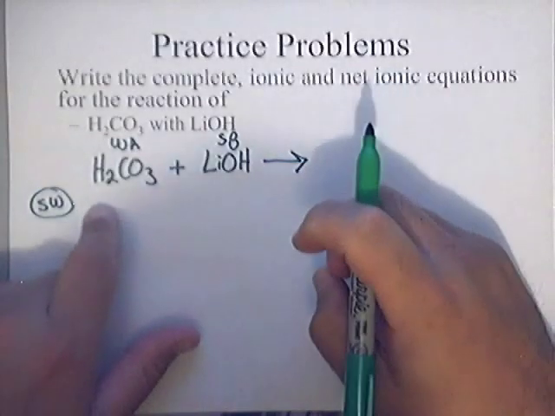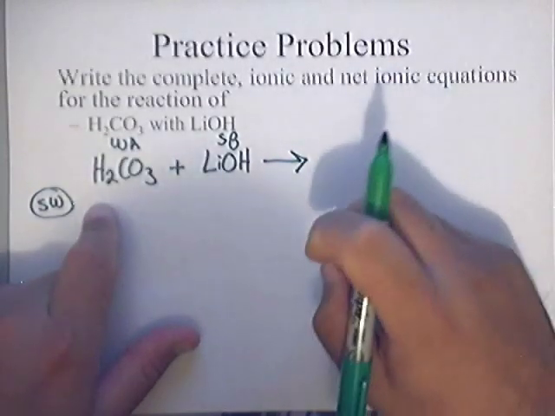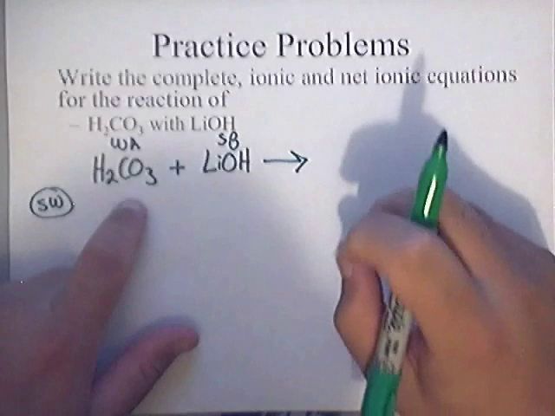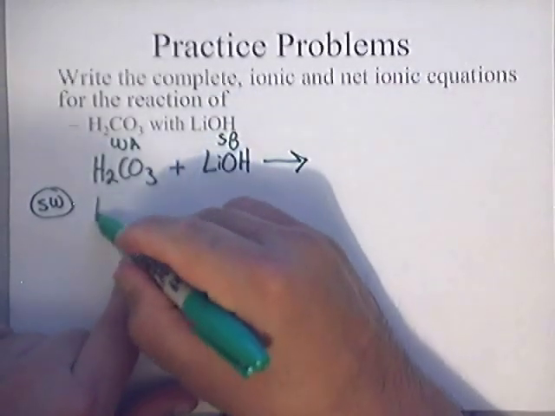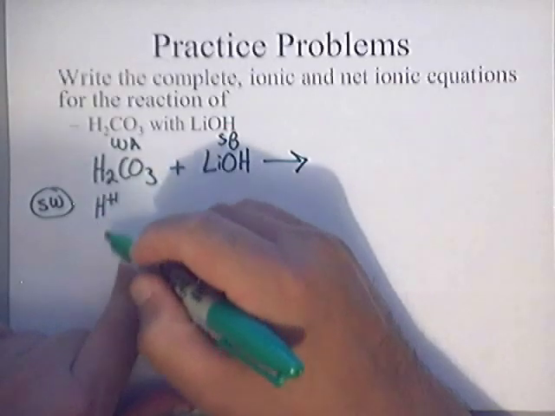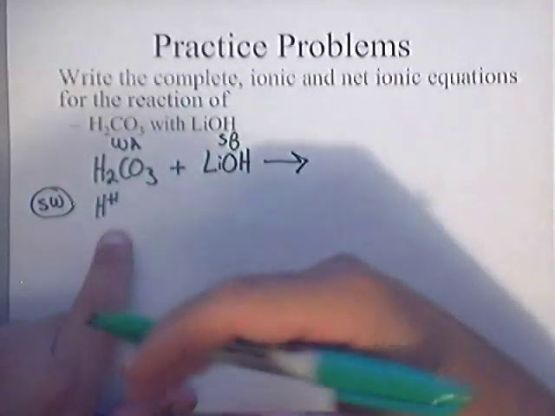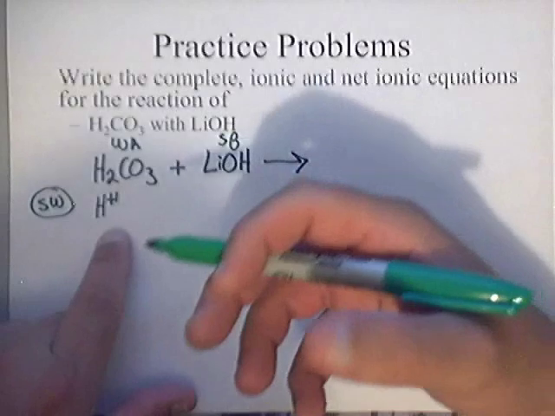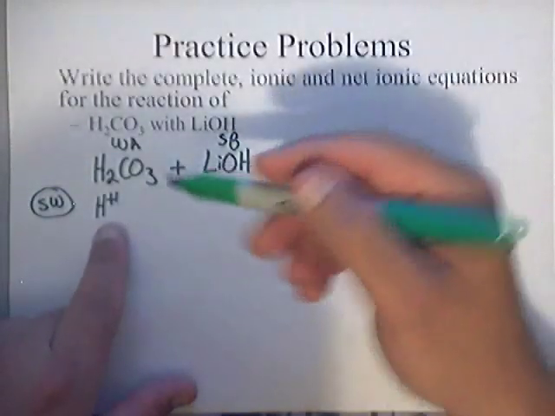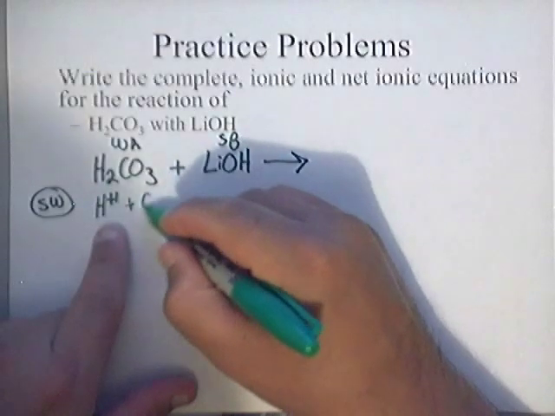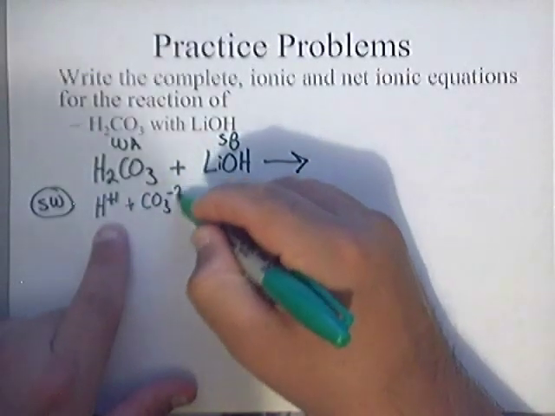Anyway, for thought process and getting our answers, you want to do some scratch work where you think of all the ions. So here, what I'm getting at is, we know that we've got a hydrogen ion. Don't worry about balancing it right now. We're just trying to think of what ions are present when these things go into the water. Okay, so we've got H plus 1, and we'll have carbonate, which is CO3 negative 2.